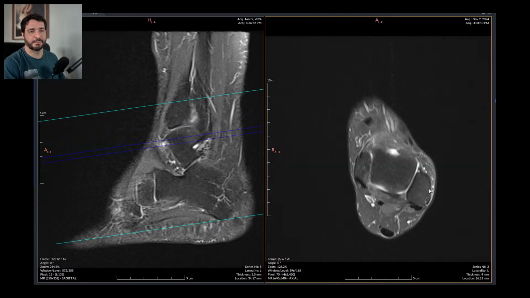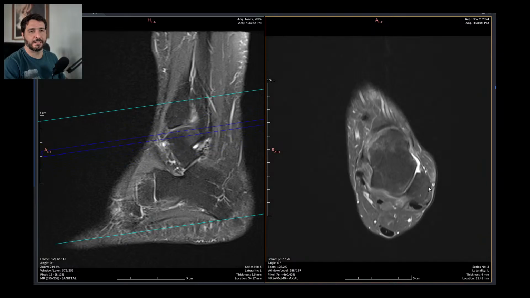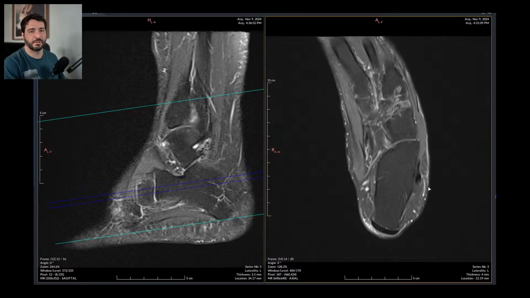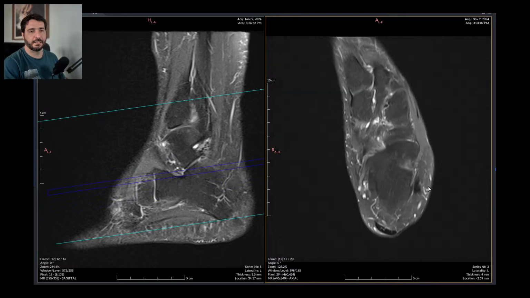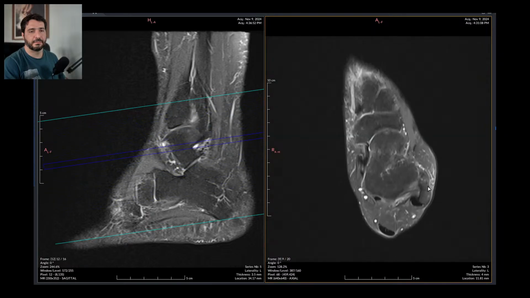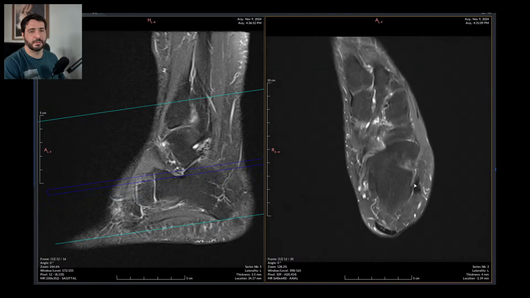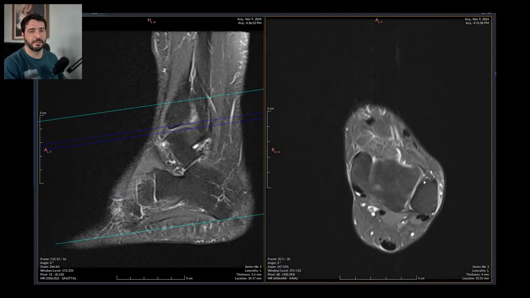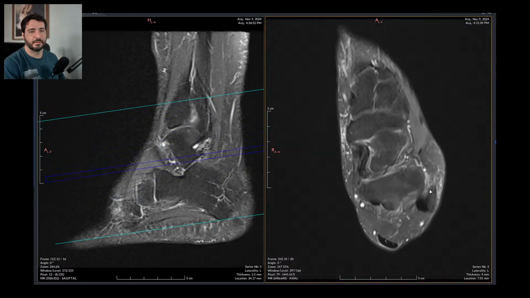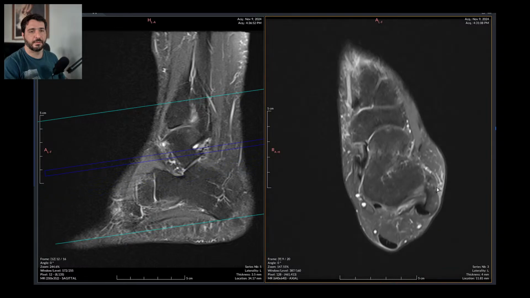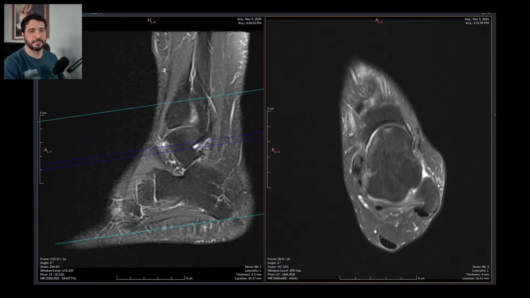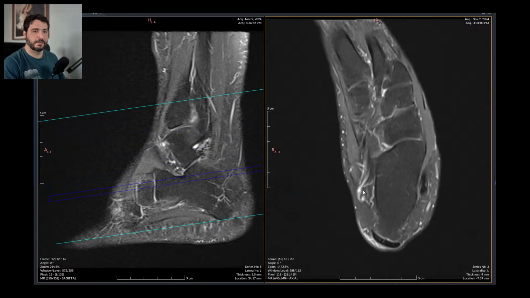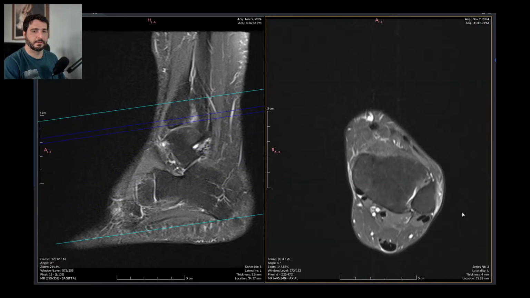This syndesmosis looks fine, and the tibiofibular ligaments and the calcaneofibular ligaments seem fine right there. Yep. Here too. There too. Tendon sheaths are fine.